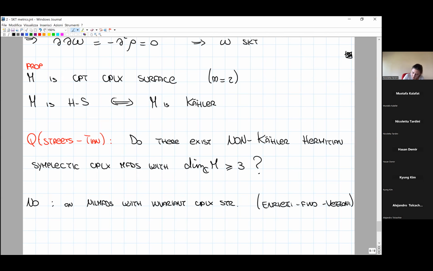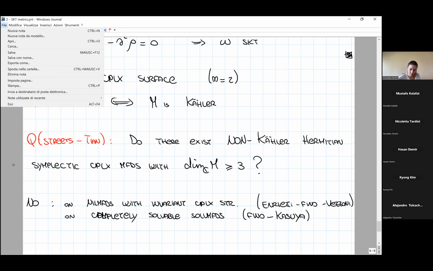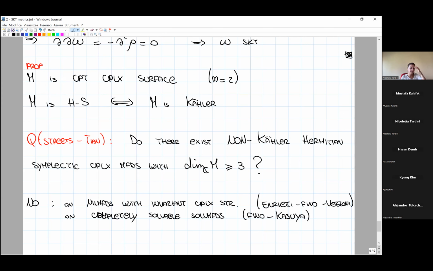And also the answer is no on completely solvable solvmanifolds. So these are particular classes of manifolds, okay? And this result is due to Fino and Kasuya. But the general answer to this problem is not known.